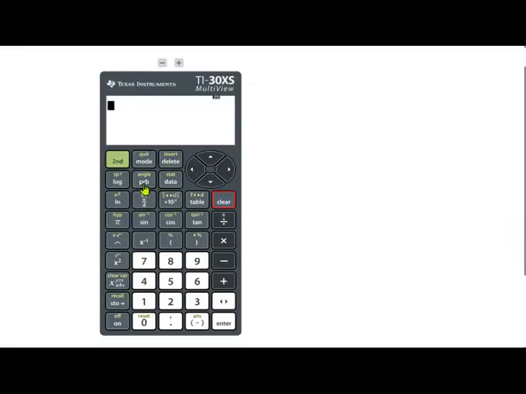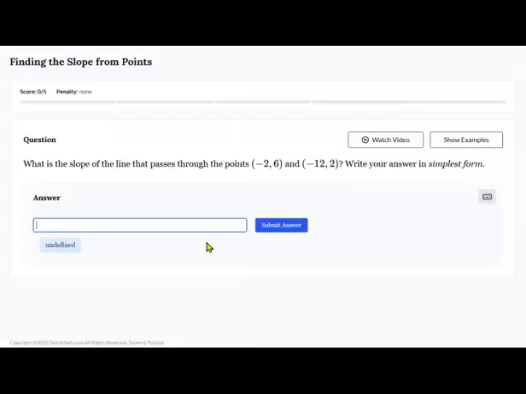Simply click that link in the stream, type a fraction here, and fill those numbers in. Again, it was 2 minus 6 over -12 minus -2. Once I press enter, it will give me my reduced slope fraction, 2/5. So we'll type that here in the answer field.